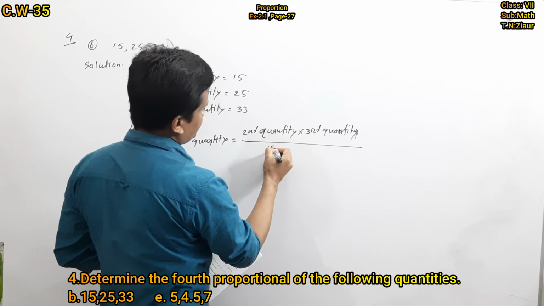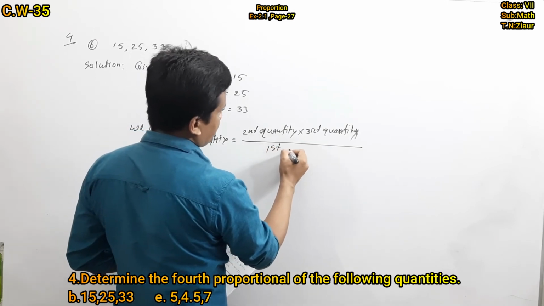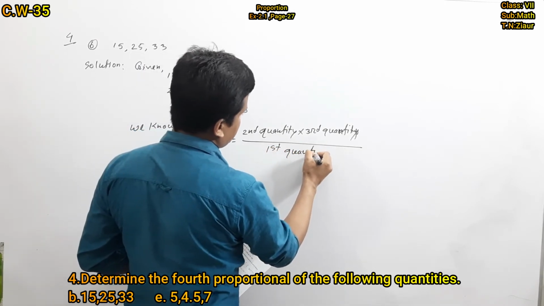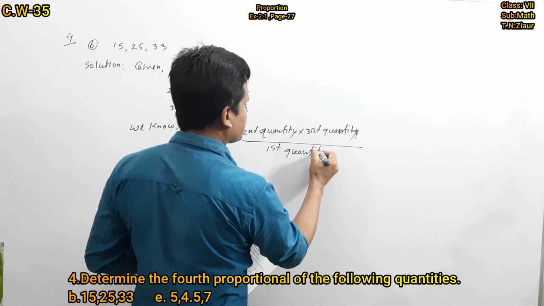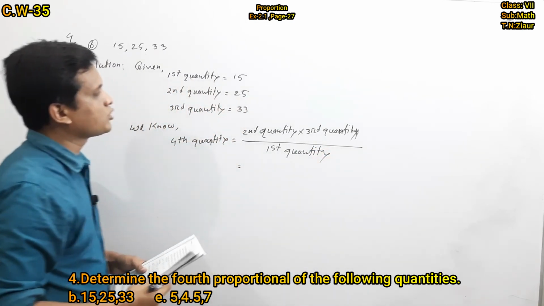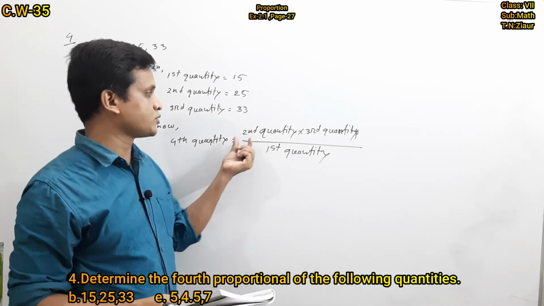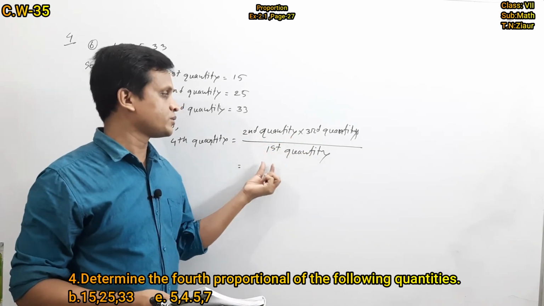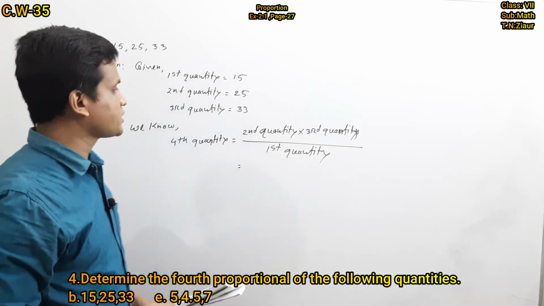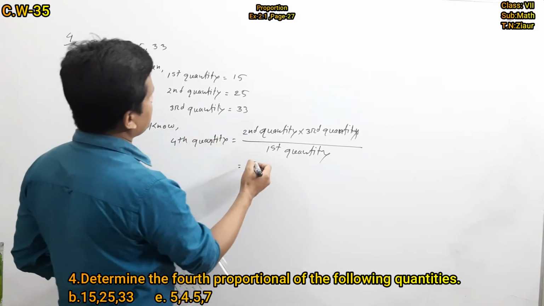This one is the rule of 3. Okay, just place the value of second and third quantity. So in number 4, just use this formula: fourth quantity is equal to second quantity into third quantity divided by first quantity. So just place the value of second quantity here.